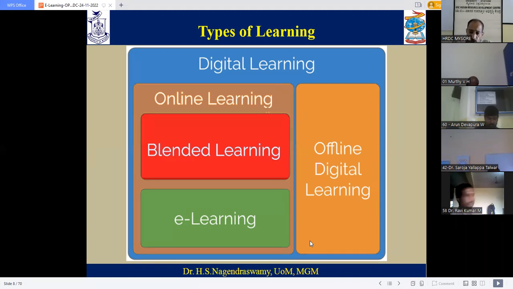Even for researchers, if you want to get a paper on a topic related to your research, you can type a keyword in Google and get the papers downloaded. All these are examples of offline digital learning.